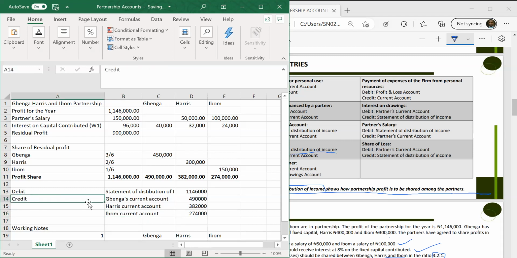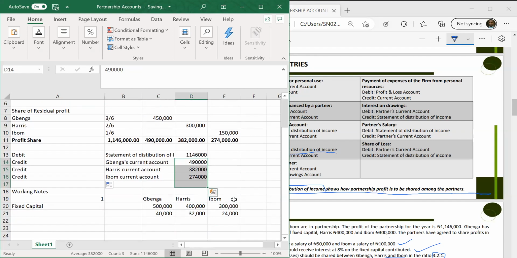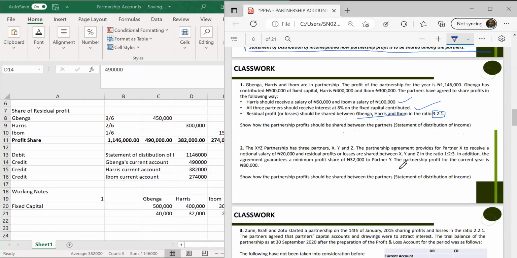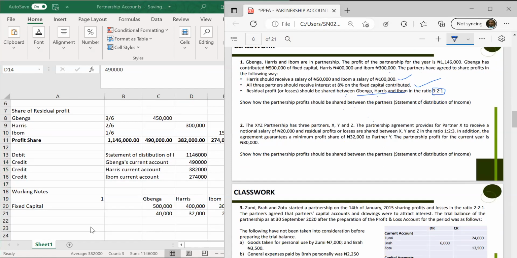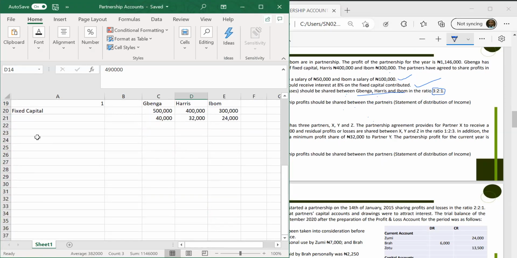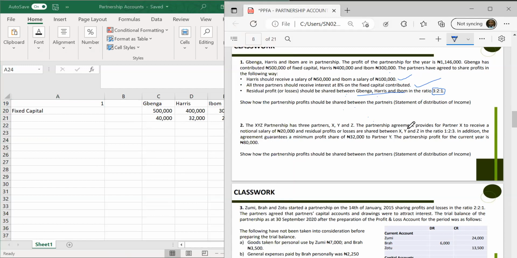All these are credits. That's just the way you do it. Post one debit of 1146 into this, then you distribute it into the different current accounts of the holder, right? So now that we have solved that one, let's look at the second one. Because this is the basis, once we're able to understand this, you can go into other subsequent ones.